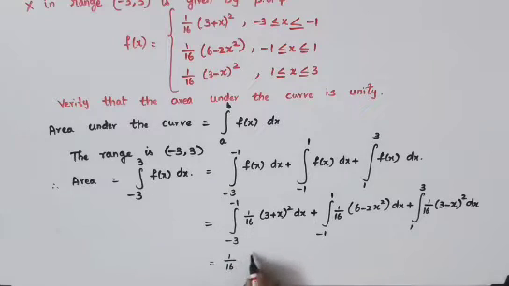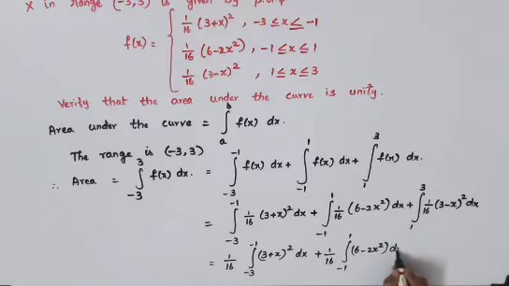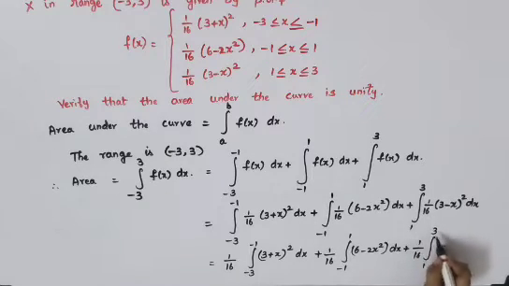So it is 1 by 16 integral -3 to -1, (3 plus x) the whole square into dx, plus again 1 by 16 integral -1 to 1, (6 minus 2x square) into dx, plus again 1 by 16 integral 1 to 3, (3 minus x) the whole square into dx.